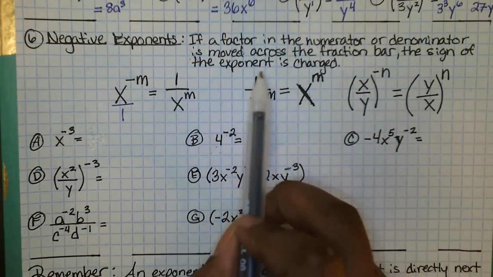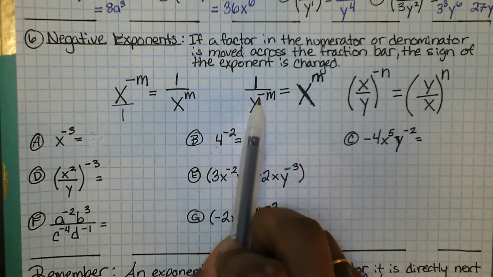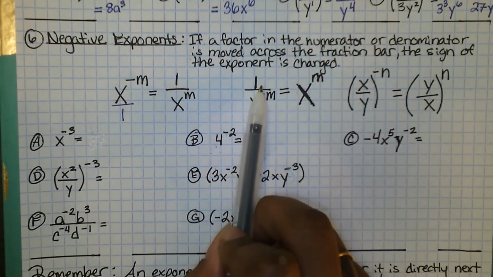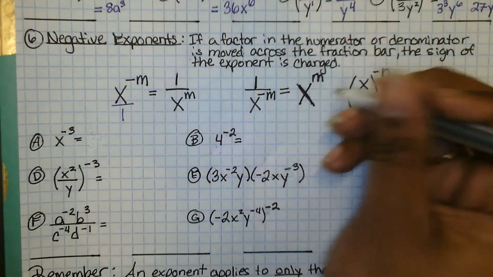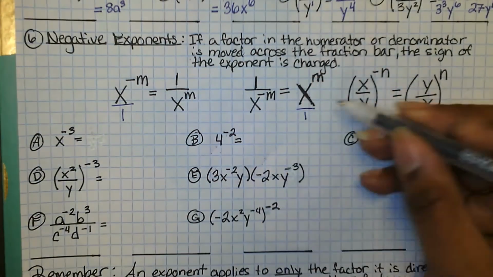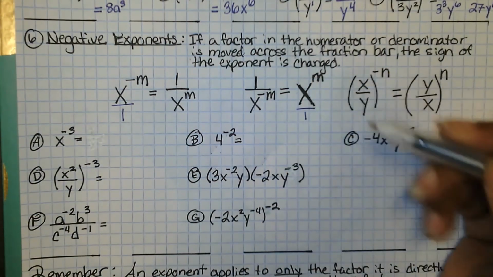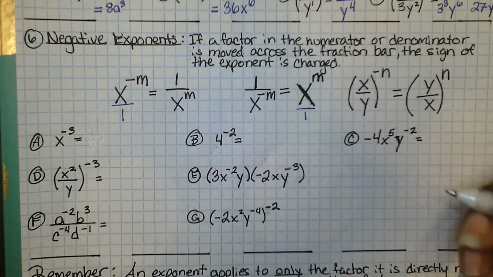And the reverse is true. If you have that negative exponent in the denominator, it means it belongs in the numerator, so it needs to move up. And here we have x to the m power. The m is positive, or the exponent is positive, and it's in its correct spot.